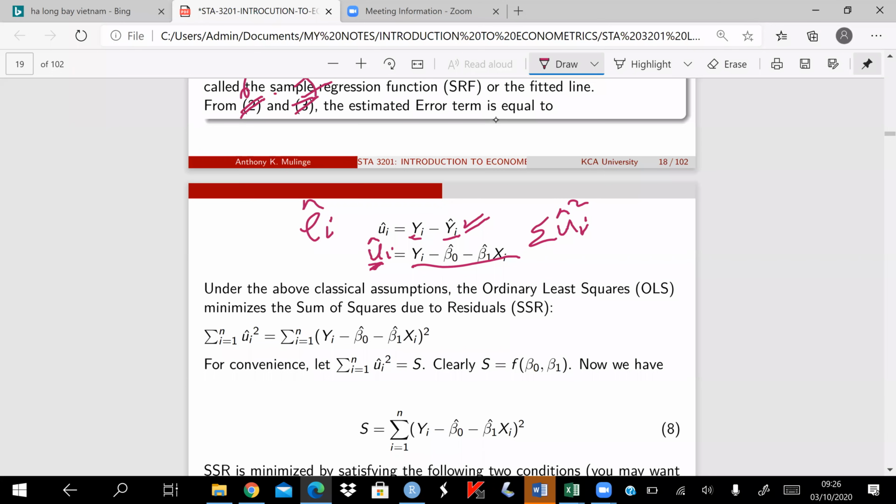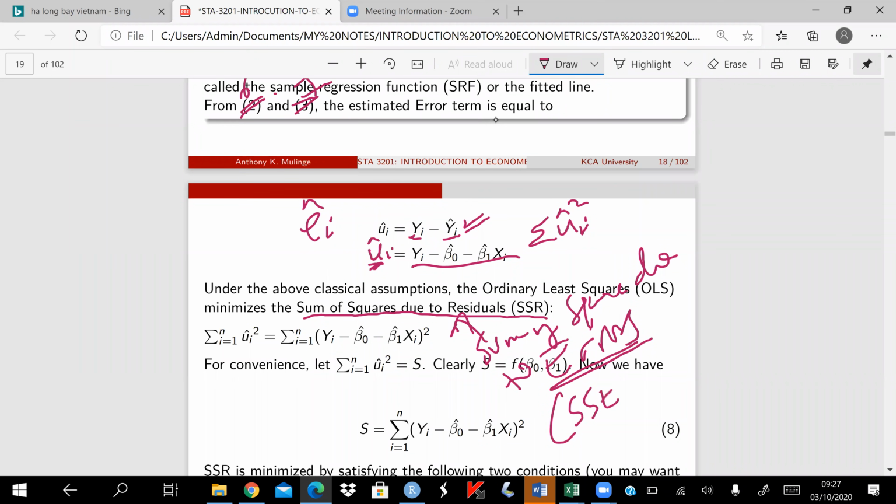So we're saying that under the above classical assumptions, the OLS minimizes the sum of square due to the residues, or some people will call it the sum of square due to errors. But in this class, I'll be using the word residues, not errors. They'll denote it as SSE instead of SSR.